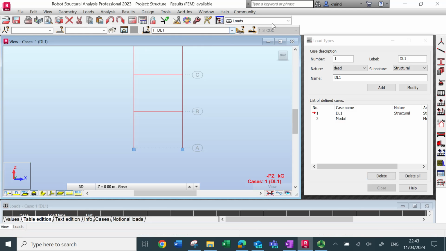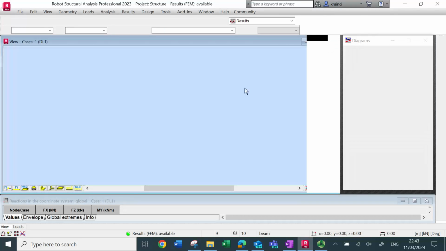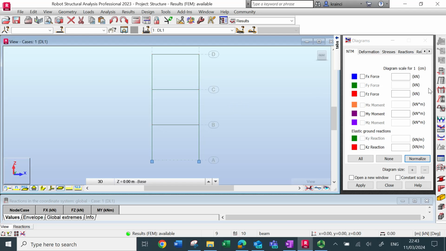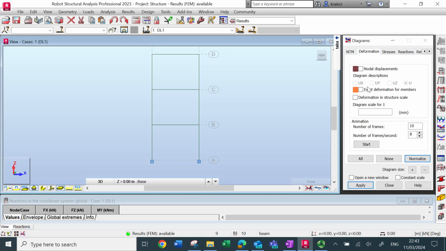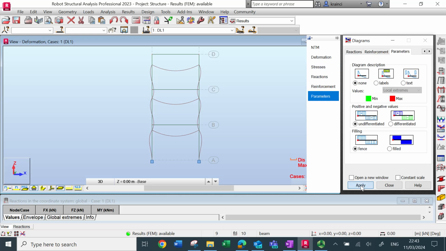Now I can go to results. Go to results and show deformation, nodal displacement, apply, and also labels, apply.